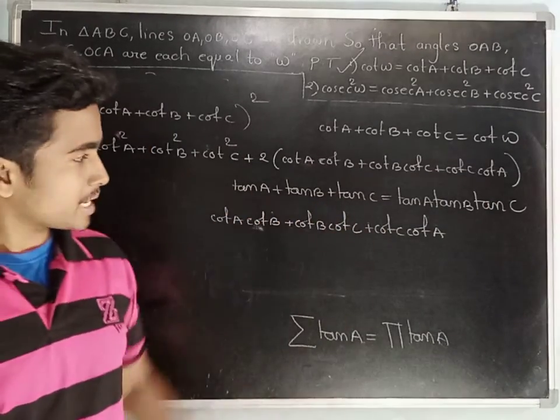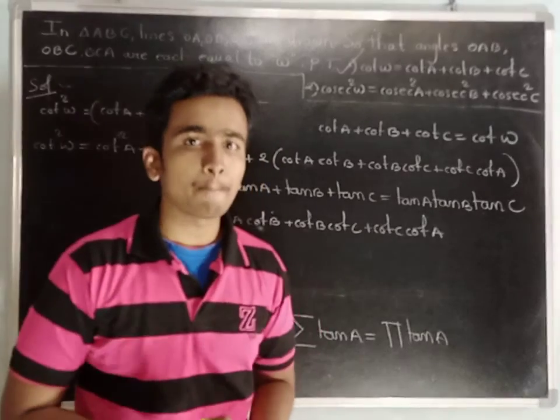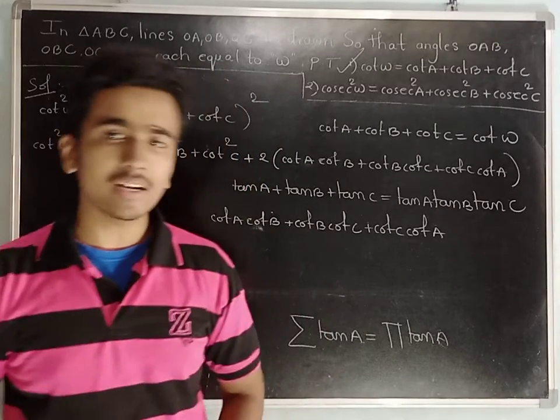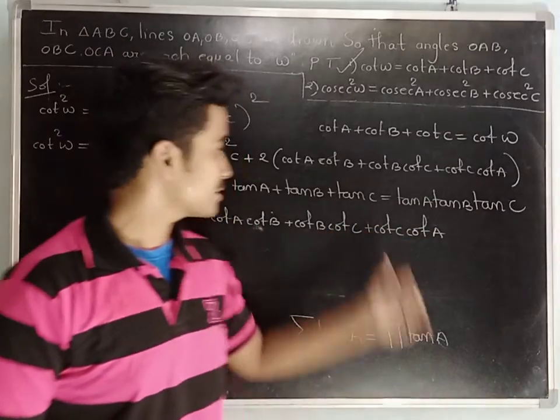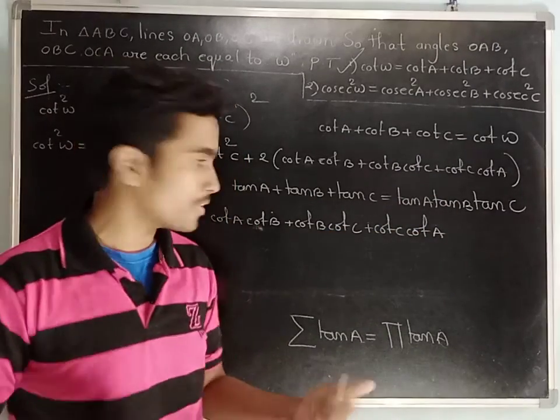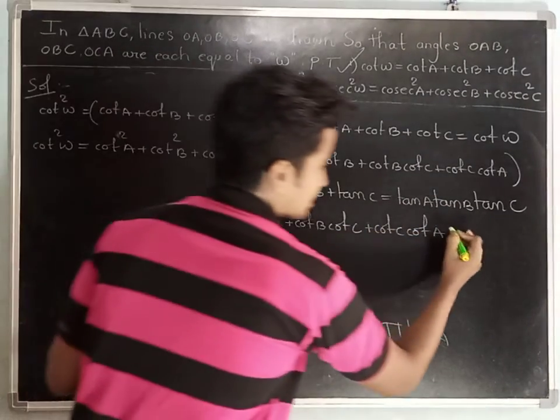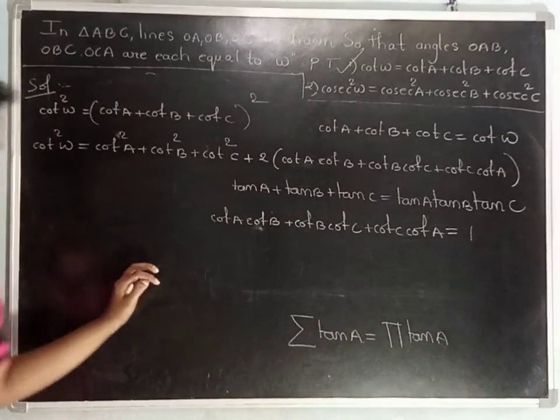Tan A plus tan B plus tan C by tan A tan B tan C. Dividing it into three individual terms, tan A by tan A tan B tan C, which is nothing but cot B cot C, tan B by tan A tan B tan C, tan C by tan A tan B tan C. On further simplifying, we will get this is equal to 1.